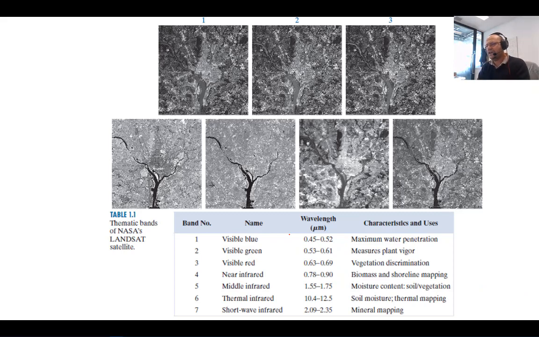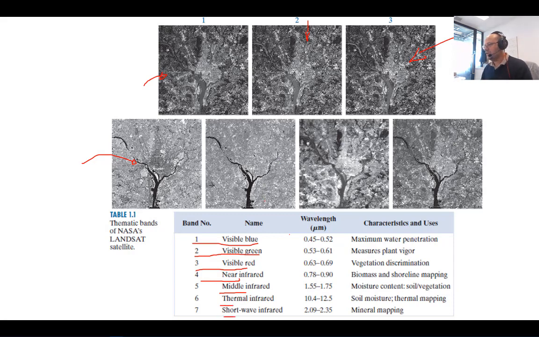Okay, so another variety of images are the multispectral images, where you can see here, this is one layer of an image that carries visible blue. This is another layer that carries visible green, and this is another layer that carries visible red, and then near infrared. This is one image composed of 1, 2, 3, 4, 5, 6, 7 layers of distinct spectrum.